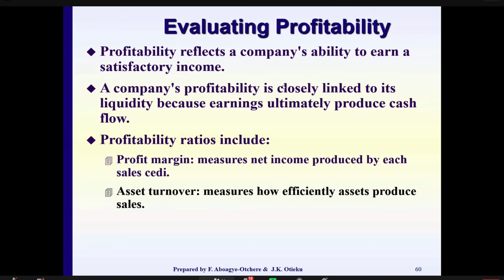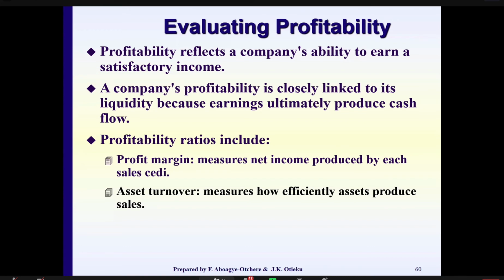Okay, so when we are looking at profitability, we are interested in determining whether an entity is making a satisfactory return. So if we're evaluating profitability, we are looking at any activity that increases revenue.